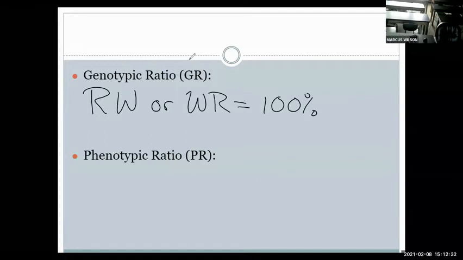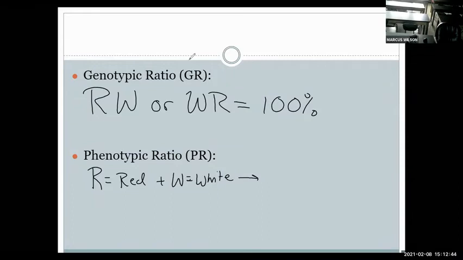So what would my phenotype be? Again, if I had big R, which was red, and I mixed it with big W, which was white, and remember, in incomplete dominance, I mixed the traits. That's going to give me a pink flower at 100%.